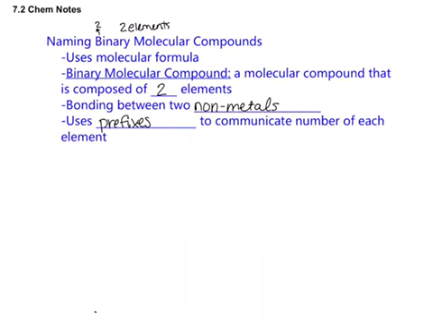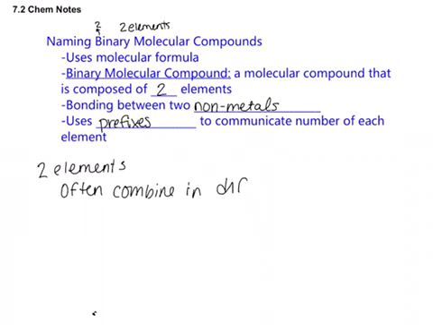Oftentimes when we have binary molecular compounds, since there's only two elements, they will often combine in different ratios.